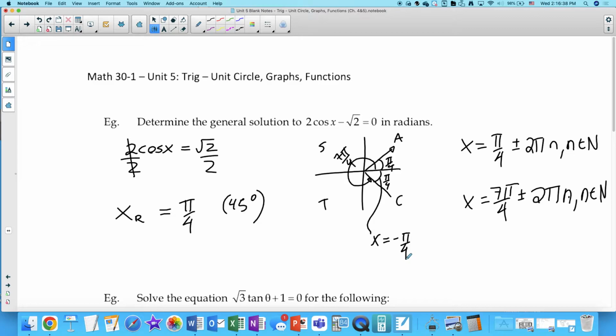So to get the positive one, I'm just going to add 2 pi. So if we add 2 pi to that, that's negative pi by 4. Now we need a common denominator. This is over 1. So that would be plus 8 pi by 4. And that's where you get the 7 pi by 4. Okay?